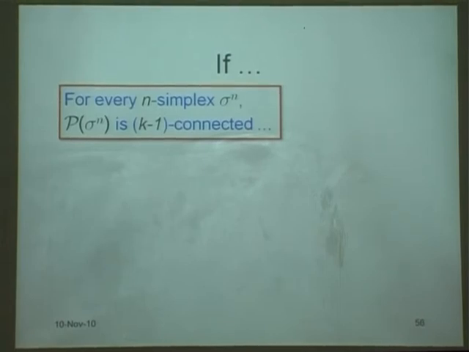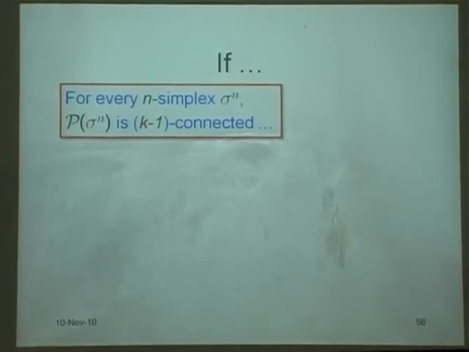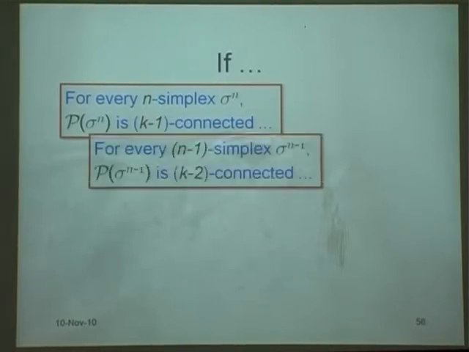So the condition that we want for k-set agreement is that for every n-simplex, the protocol complex reachable from that is k-1 connected. That is a set of executions where there are no failures. All the processes participate. And every n-1 dimensional sphere, that is all but one participate, that is one crashes, is k-2 connected.